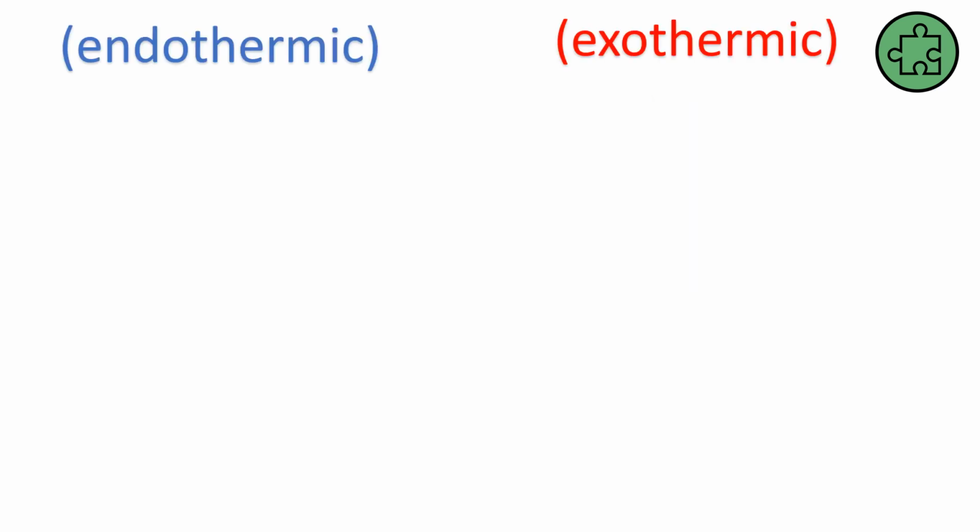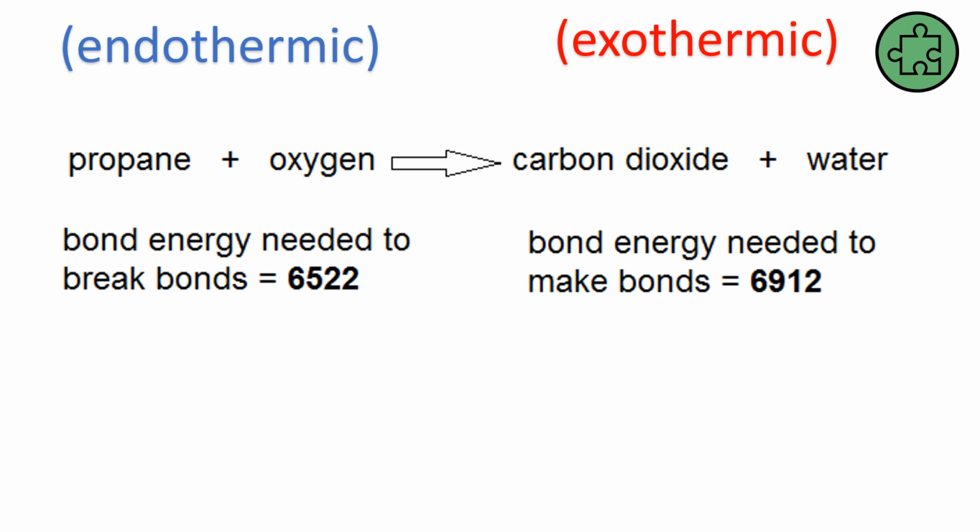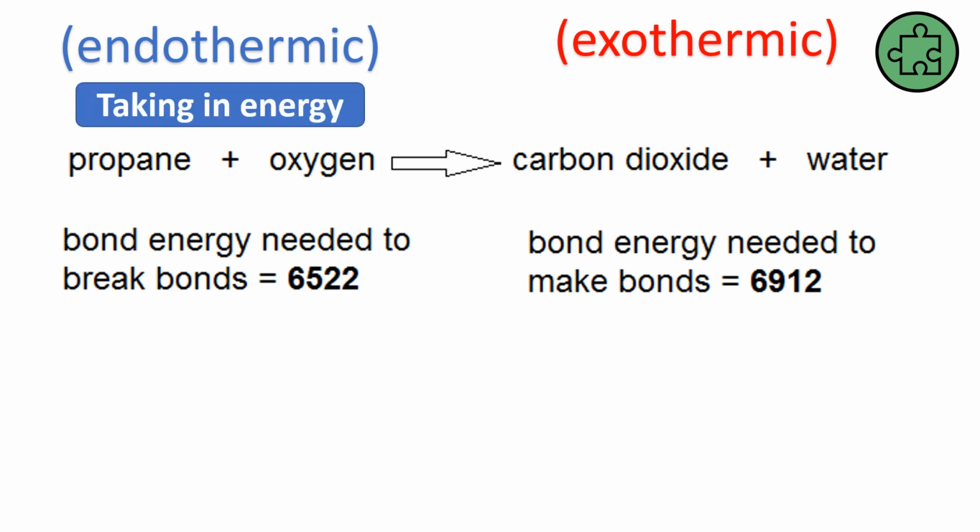Okay, so we have a chemical reaction here. Propane, which is a hydrocarbon fuel, added to oxygen. So we have a combustion reaction, making carbon dioxide and water. And I've given you some numbers here. So the bond energy needed to break these bonds is 6,522 joules per mole. And this is taking in that energy, endothermic.